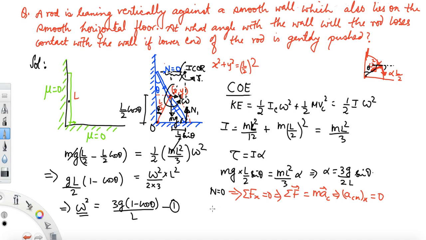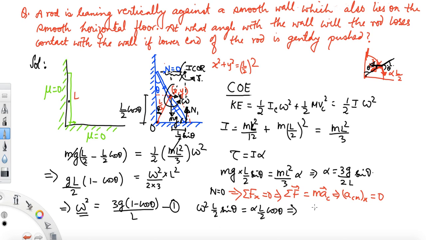So we can say omega square L by 2 sine theta, the component of omega square L by 2 in this direction, and this angle is 90 minus theta, so this angle is theta, vertically opposite angle, and this must be equal to alpha L by 2 cos theta.